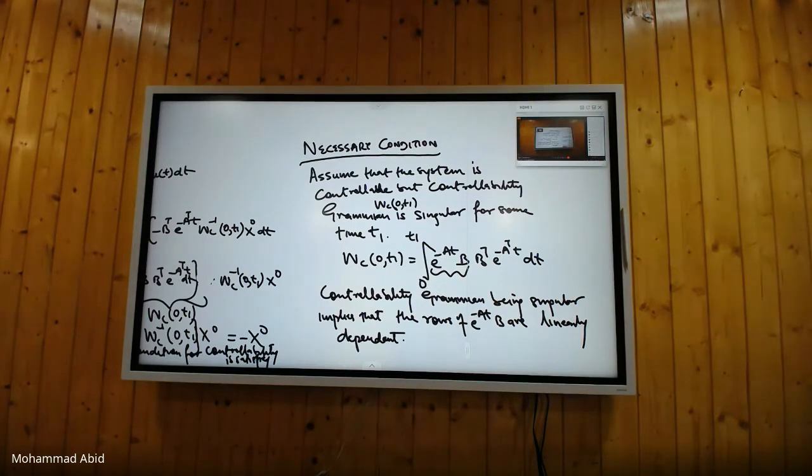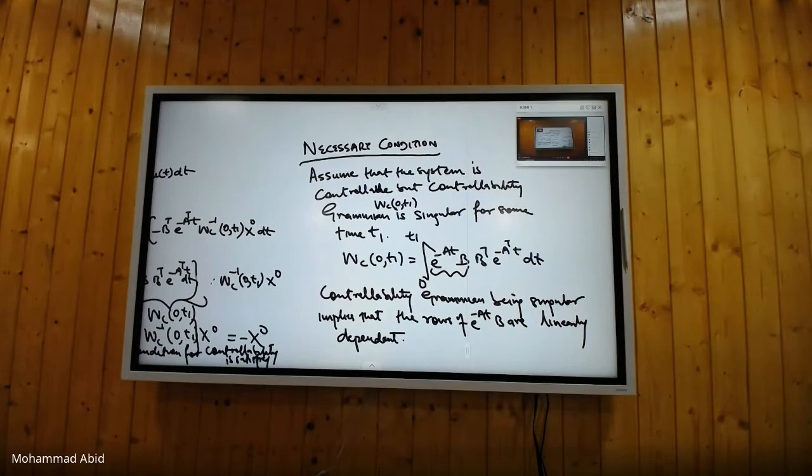So the controllability Gramian being singular, because we have assumed that the controllability Gramian is singular but the system is controllable, implies that the rows of e to the power minus At B are linearly dependent. So what does that imply?